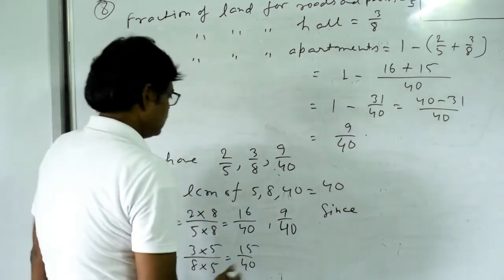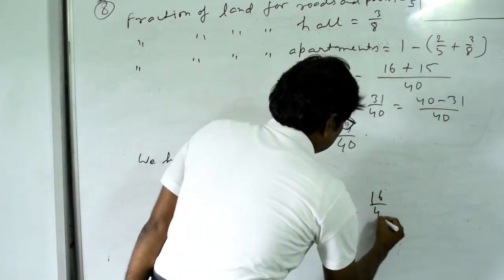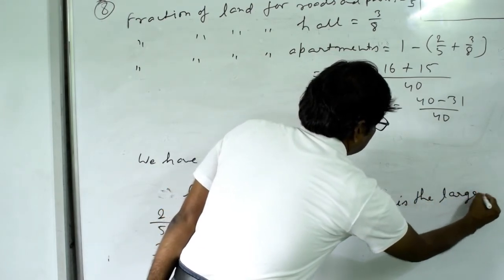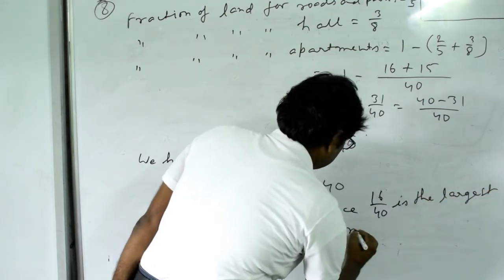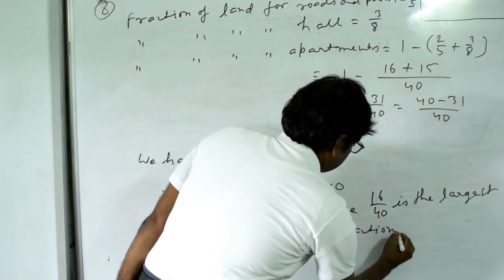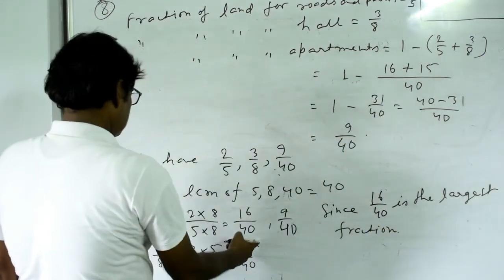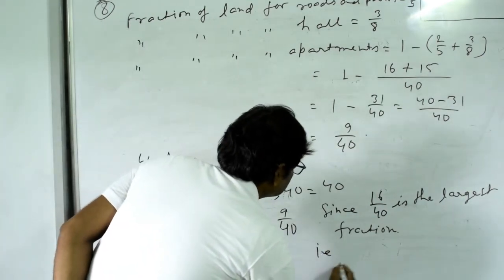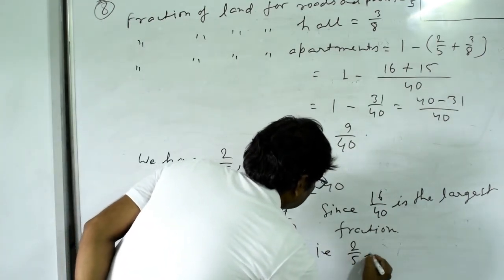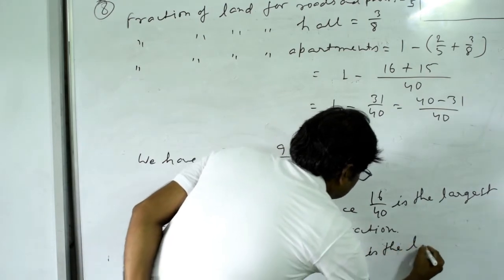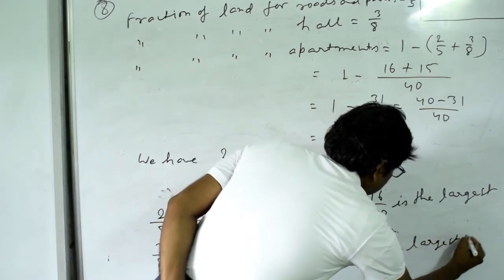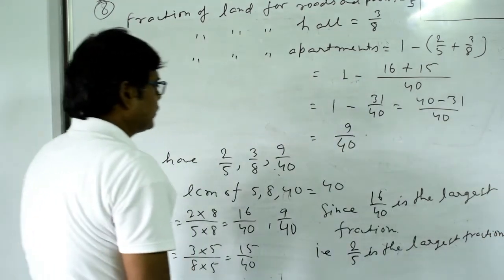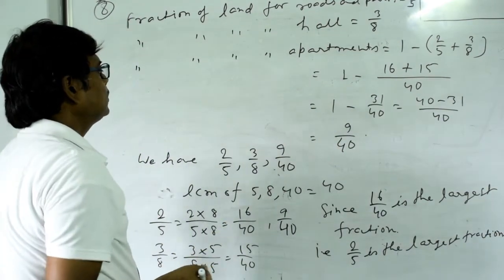Since 16 by 40 is the largest fraction, and this is for 2 by 5, therefore 2 by 5 is the largest fraction.